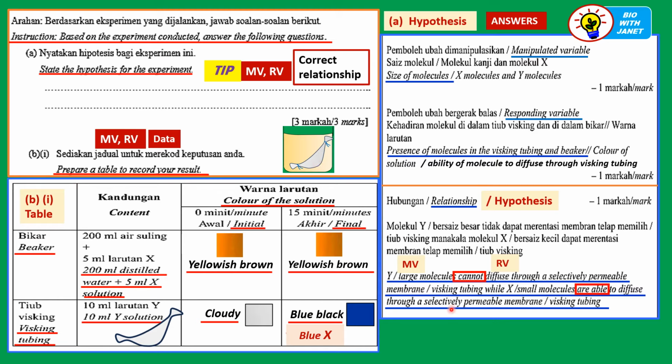We follow the textbook, which is selectively permeable membrane, and this question also uses the term selectively permeable membrane. The iodide ions or iodine molecules are small enough to diffuse through the pores in the whisking tubing and enter it. Then they react with the starch to form the blue-black color.